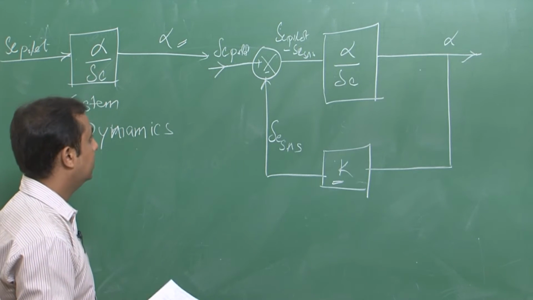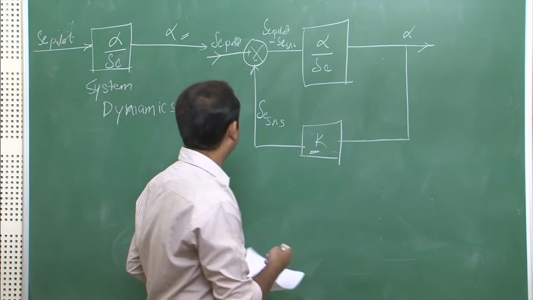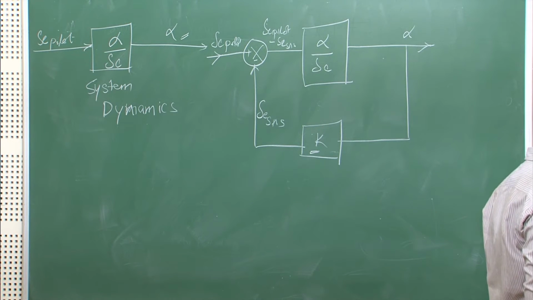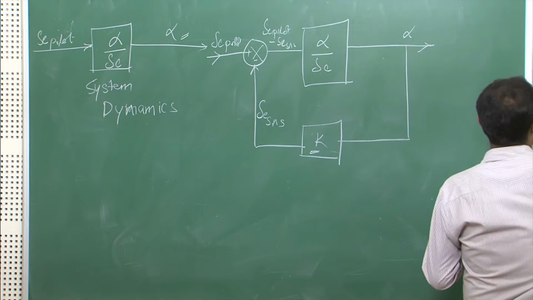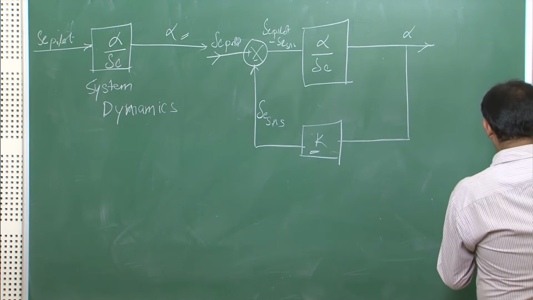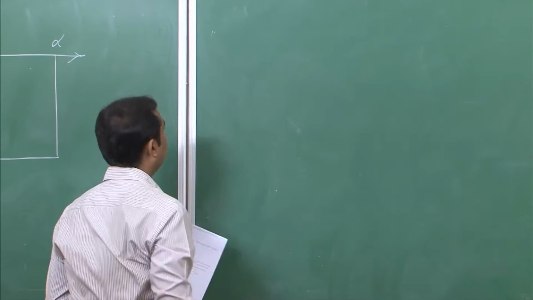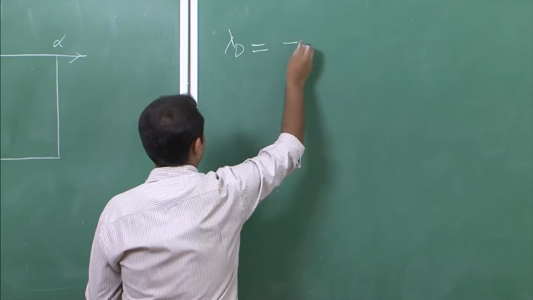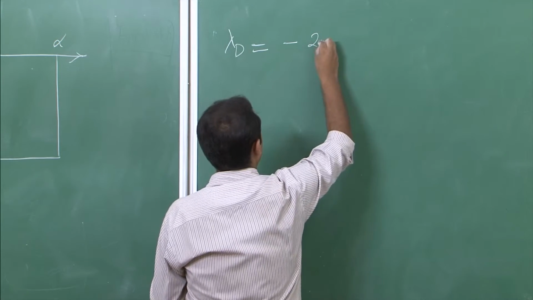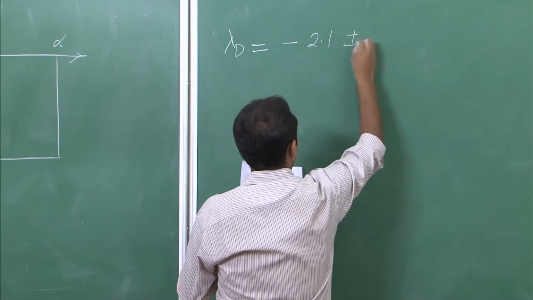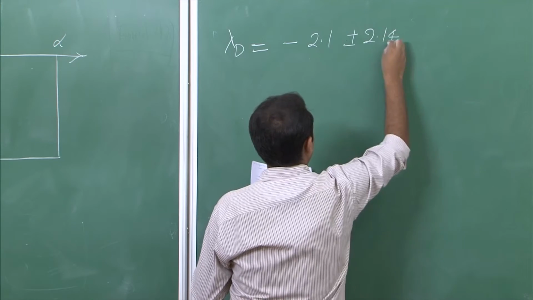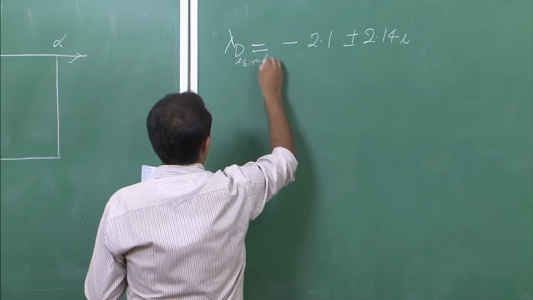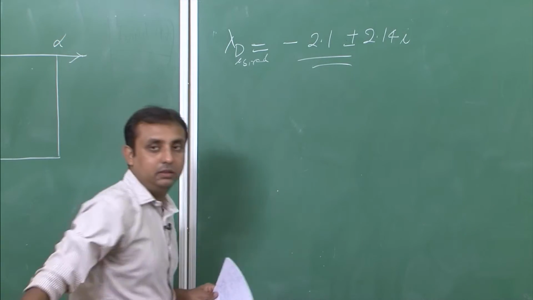So let's take a numerical based on this system. Suppose for an aircraft the short period mode is very poor. I have to design a feedback system so that my desired roots are minus 2.1 plus minus 2.14 i. These are the desired roots required by my system.